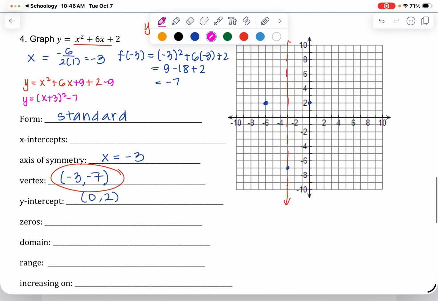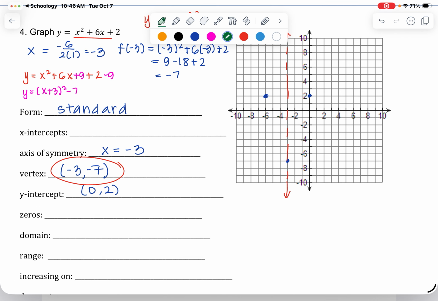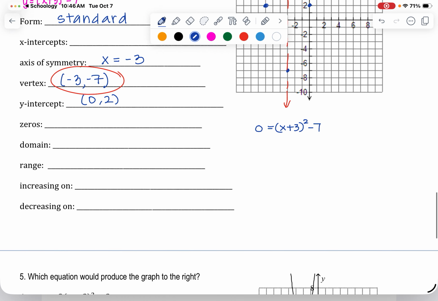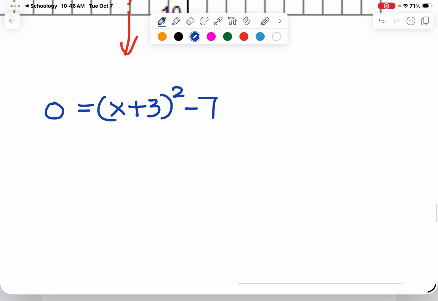All right, so to find my zeros or x-intercepts, I'm going to set y equal to 0 and solve. So I have 0 equals x plus 3 quantity squared minus 7. It's easier to use this to find it than trying to use the quadratic formula. So add 7 to both sides. Square root, plus or minus.